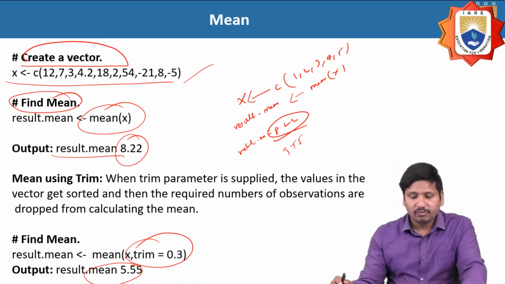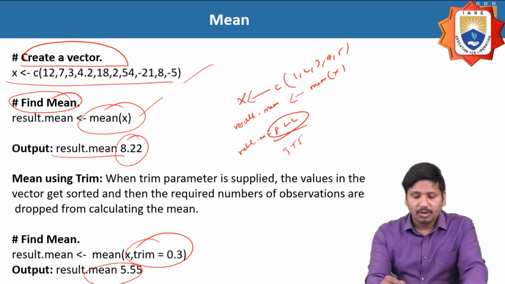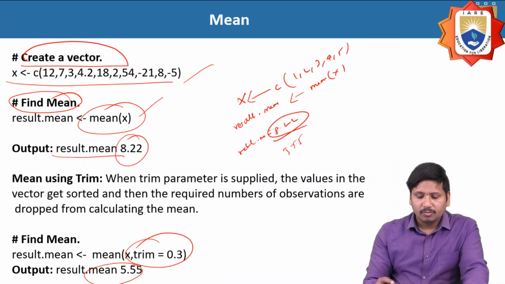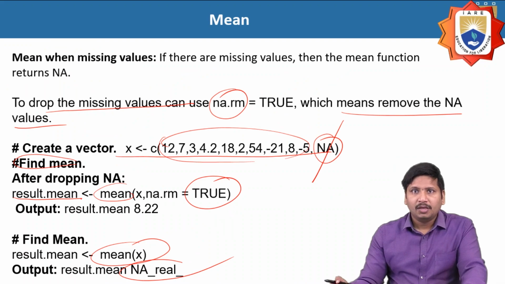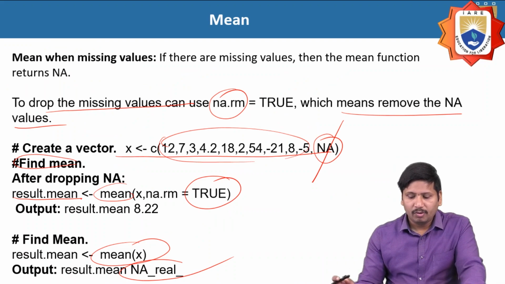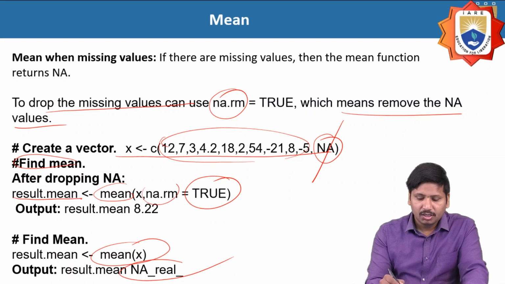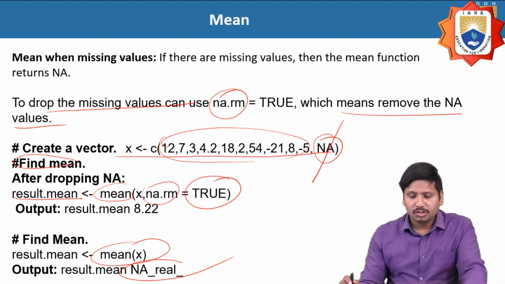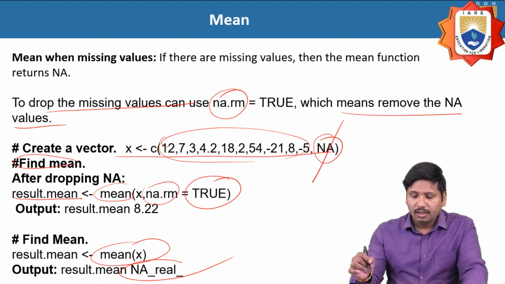Take a vector, calculate the mean, and by making use of the mean function I get the output. If I apply trim, some more observations are dropped. Similarly, if I want to remove the not available values, I can make use of na.rm, set to TRUE. Then only the missing values are removed.